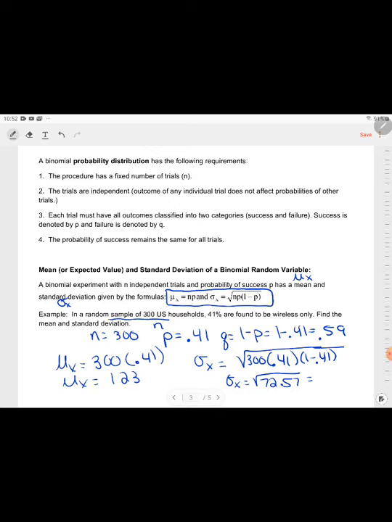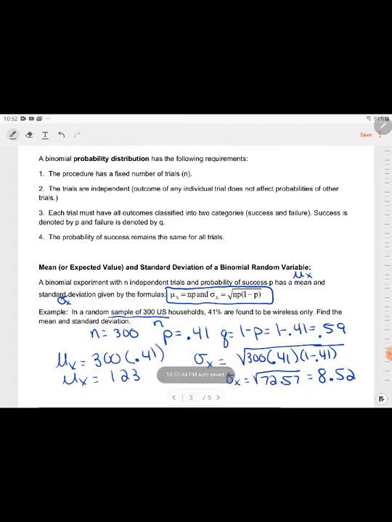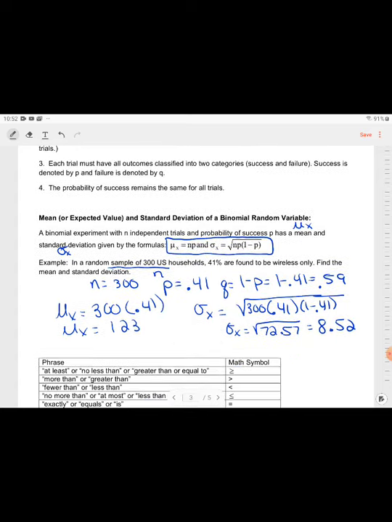And then remember to take a square root, and we get 8.52 rounding to 2 decimal places. And that's all that this is. It's just basically using 2 formulas for finding the mean and the standard deviation.